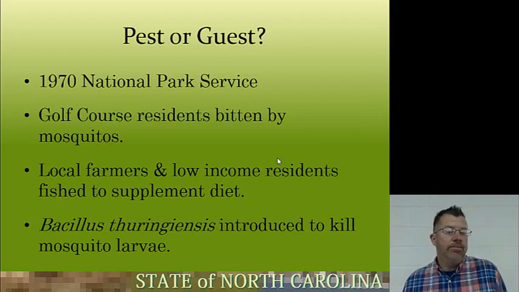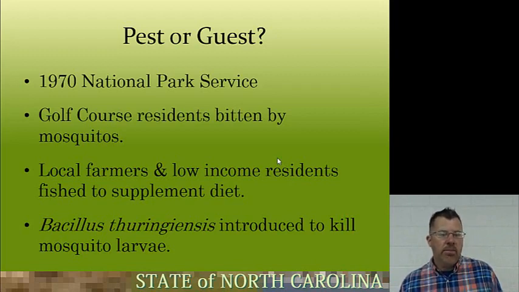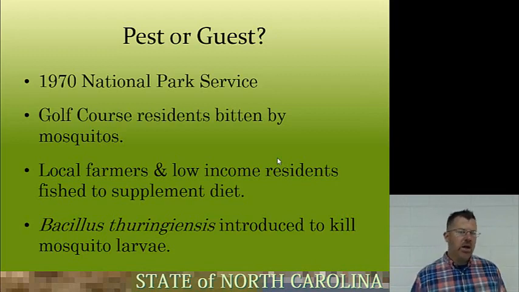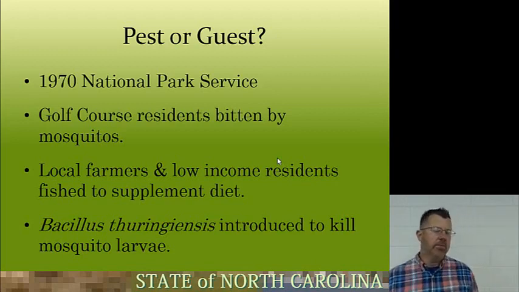In that river, you had local farmers and some of the not so lucky residents of the area, people that didn't have good jobs, but they fished a lot, and that supplemented their diet. They were actually able to go to the river and support their family. They were providing food for their family. Well, golf course residents kept complaining about being bit by mosquitoes.